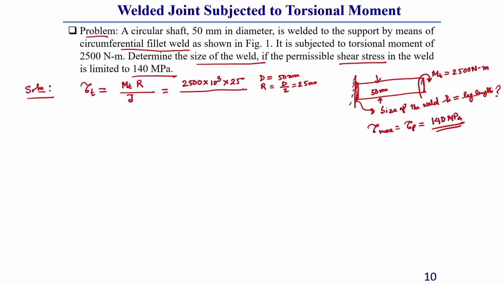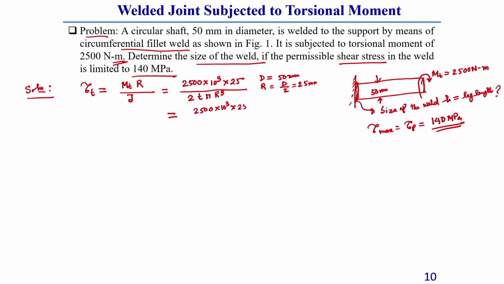And what is the J here? J I have already shown you, that is generally 2 into throat thickness into pi r cube, correct. Now I am just putting in the values. 2500 into 10 to the power 3, converted into Newton millimeter because it is given as Newton meter, that is why I multiplied by 10 to the power 3.